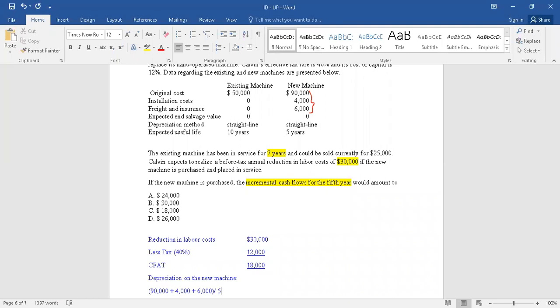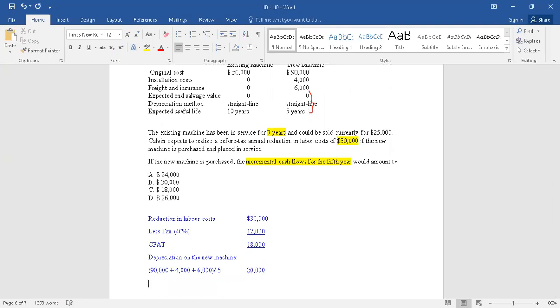So depreciation is 100,000 divided by 5, which will be 20,000. 20,000 is the depreciation amount. So tax shield on depreciation. Tax shield is equal to, now that would be at the rate of 40%, 4 twos are 8. So tax shield is 8,000.